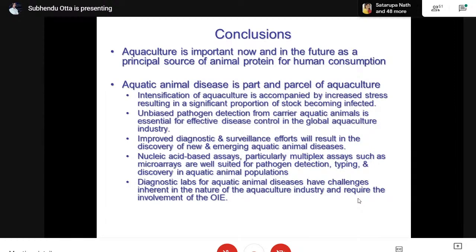So with the intensification, definitely different new pathogens will come, and many carrier animals will also be there. So you have to take care by developing improved diagnostic methods, surveillance methods, and disease monitoring protocols. Nowadays, as you know, nucleic acid-based assays have been found very sensitive and specific.